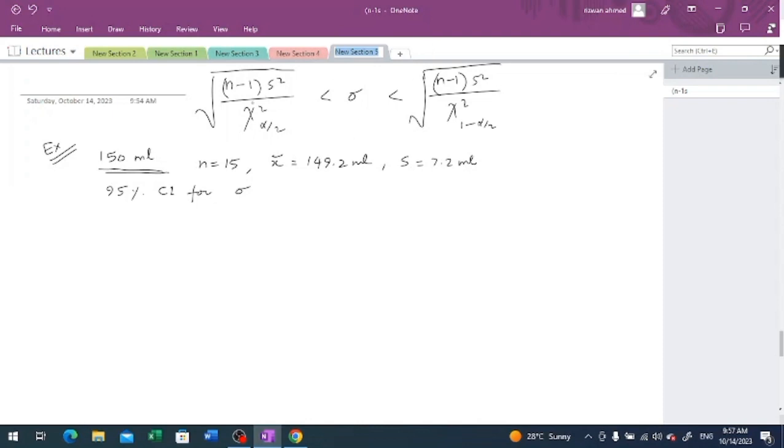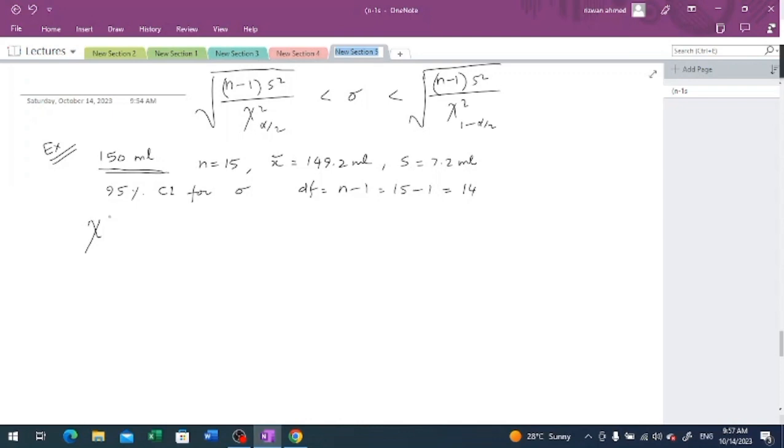So this is how we use the formula in the same way. Over there, first of all, we need to determine df on the basis of the formula n minus 1. So 15 is the number of glasses that we have filled, minus 1 gives us 14. And now we need to determine two values of chi-square from the chi-square table. I'm going to write down first the subscripts of those two chi-square values.